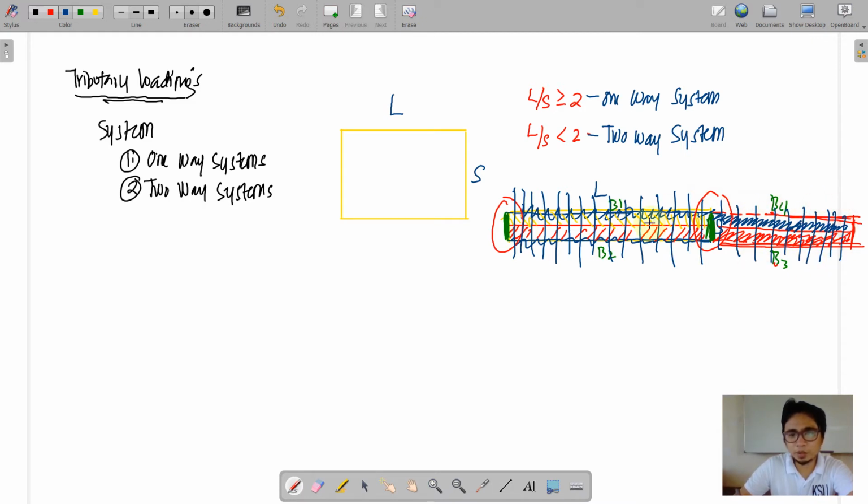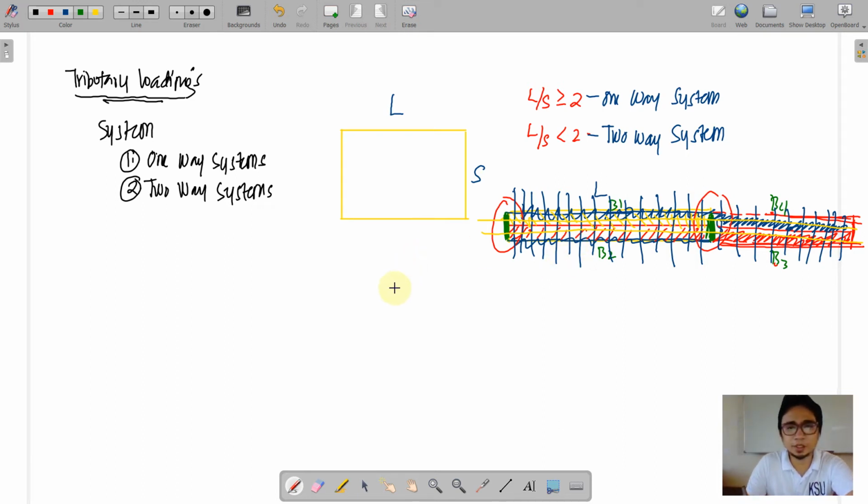The transverse reinforcement is purposely only a temperature bar, a bar that will put in place these longitudinal bars. So that is for the one-way system.